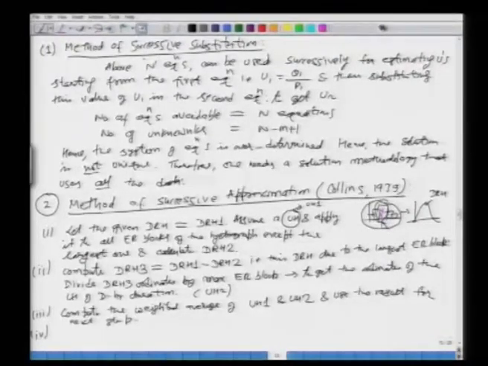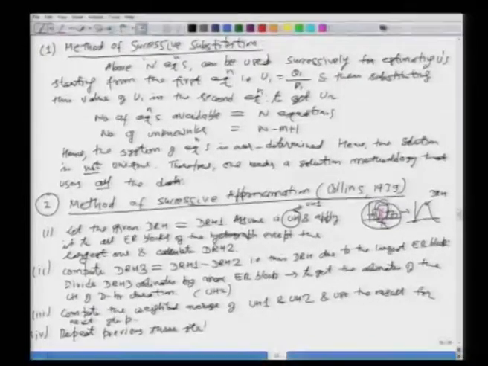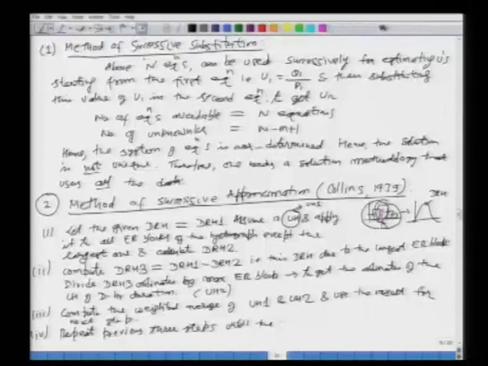What is the next step? Well, number 4 is repeat the previous 3 steps. So, all you do is repeat these previous 3 steps until the residual UH, what is the residual UH?